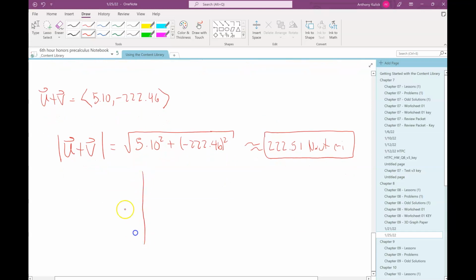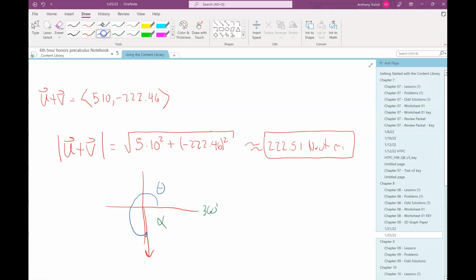And then if I draw my picture here, if I plot 5.10 and negative 222.46, it's like down here. So if I'm looking for this vector here, theta, this spot between my terminal side and my x-axis is alpha. That side is 360.